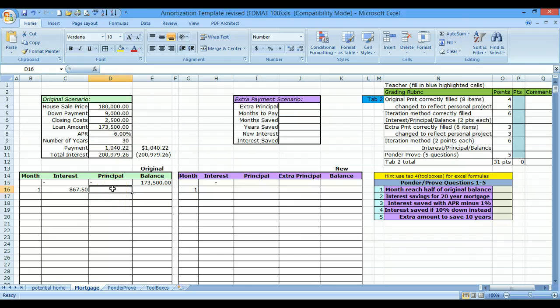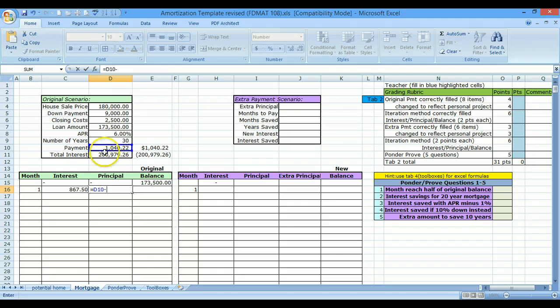The principal will be whatever money you pay from your payment that isn't going towards the interest. Now, $867 is going towards the interest alone that first month. But I'm making a payment of $1,040.